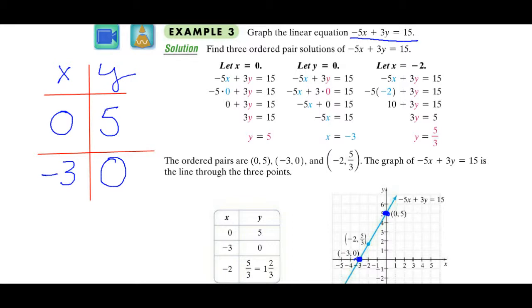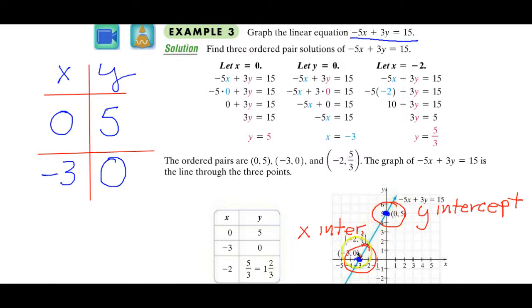And you have done what we call a special situation where you have plotted, in this case, the y-intercept and here the x-intercept. We'll be doing this soon here.